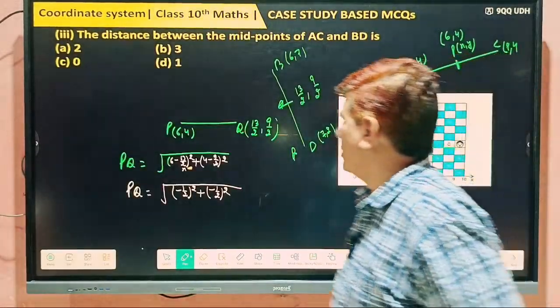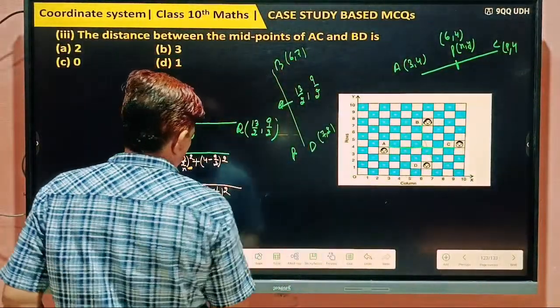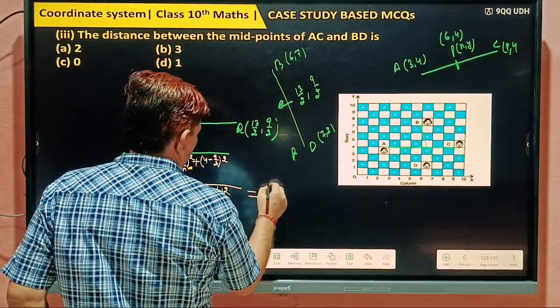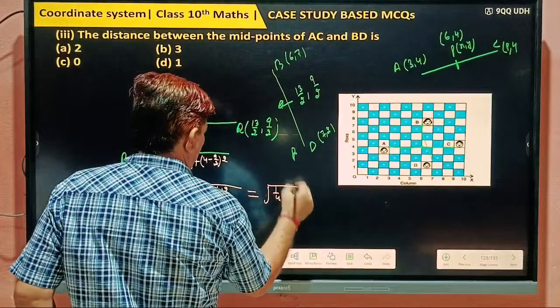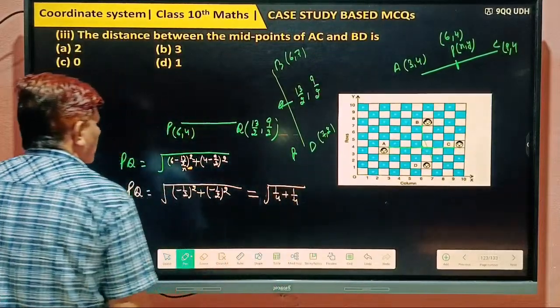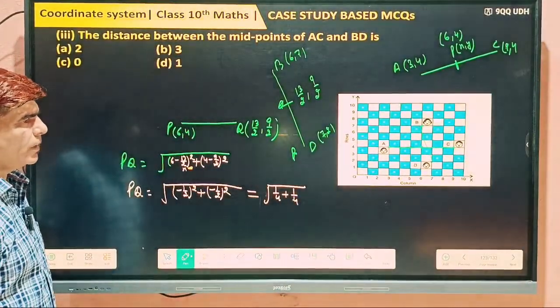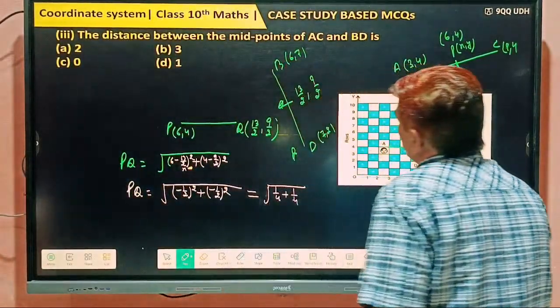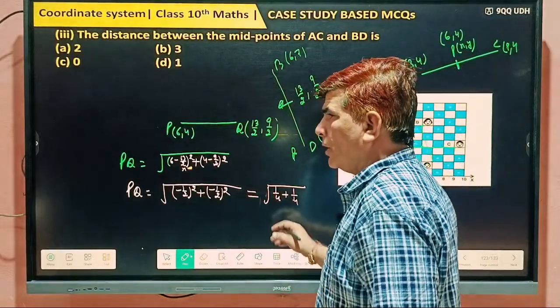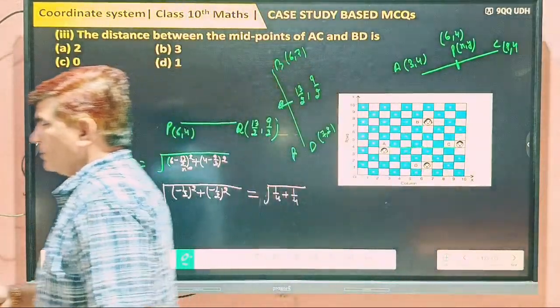So what 6 become? If you can show it, this becomes equal to 1 by 4, 1 by 4.